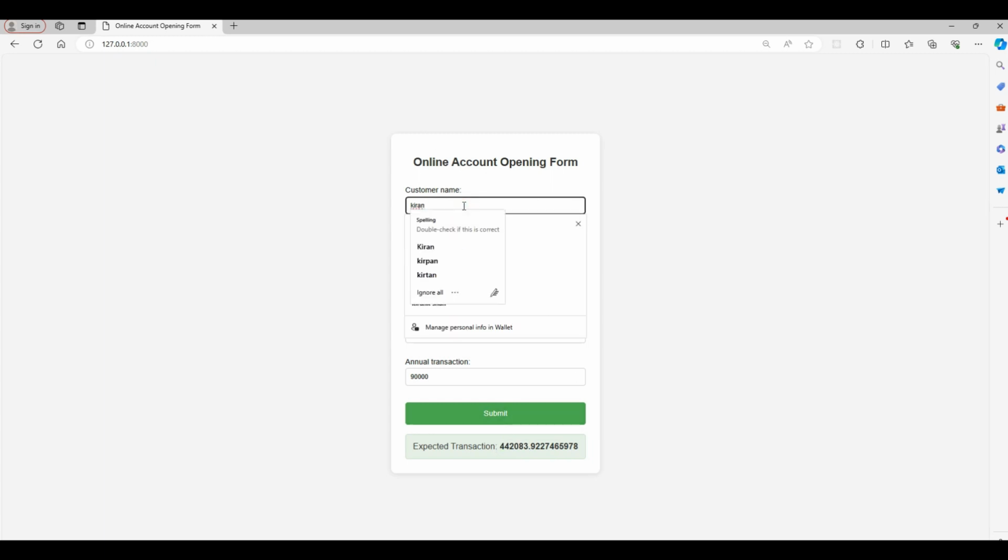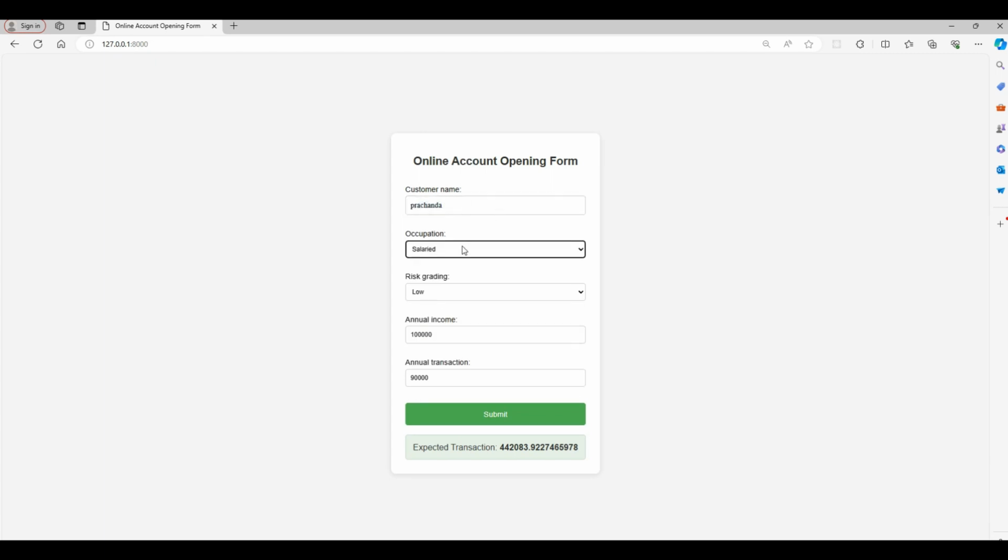Okay, let's try another example. So I will write this name. Prachanda is the prime minister of Nepal. So he is a PEP. His risk rating will be high. Let's say his annual income is around 2 lakh and his annual transaction is around, let's say, 180,000.